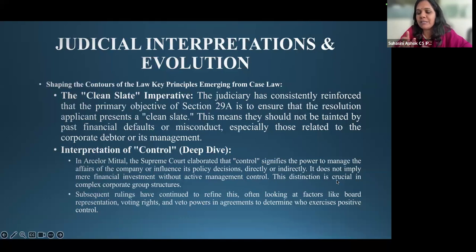They are double-checking. They are also asking us to appoint a third party for assessing Section 29A, and they are taking a compliance certificate from the RP before voting on the resolution plan. They are asking the RP to give compliance on Section 29A. That means we have to assess.